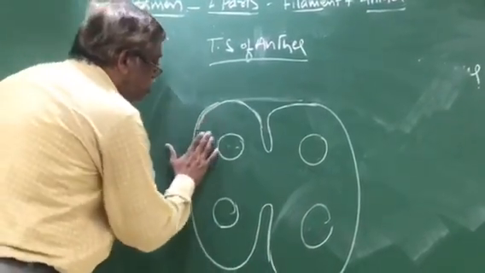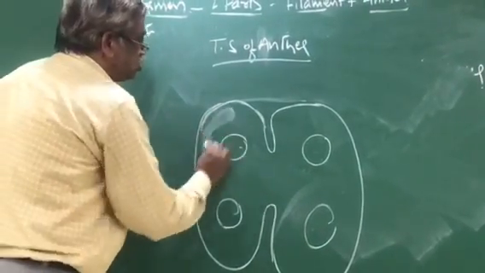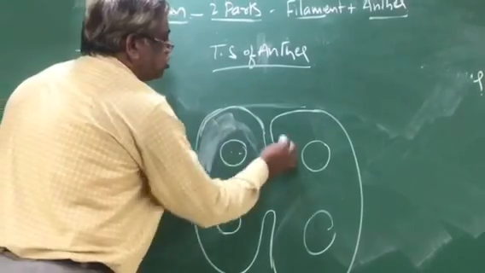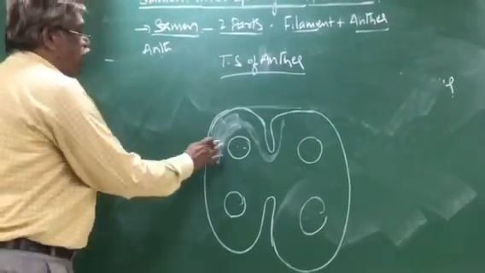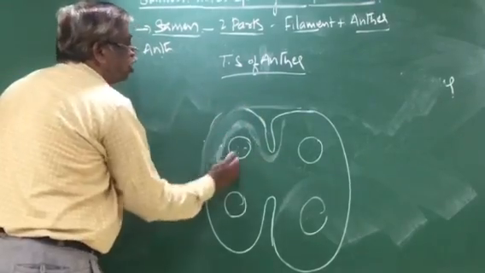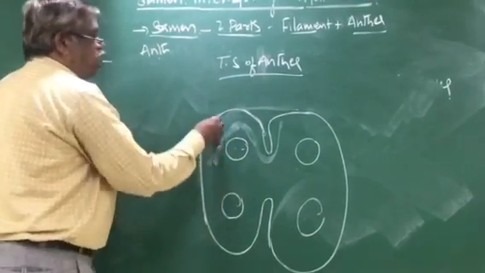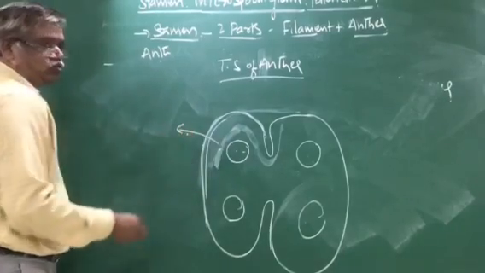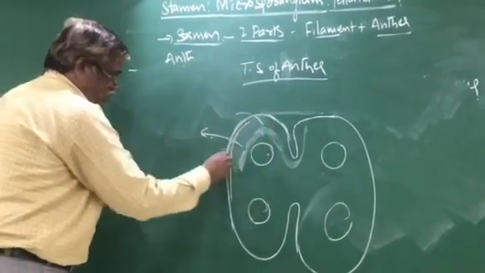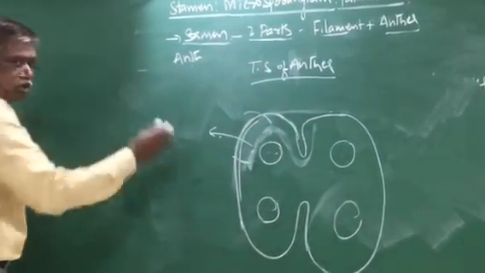Suppose this is the wall of anther. This wall contains 4 layers. 1, 2. Now I am enlarging this part. See.